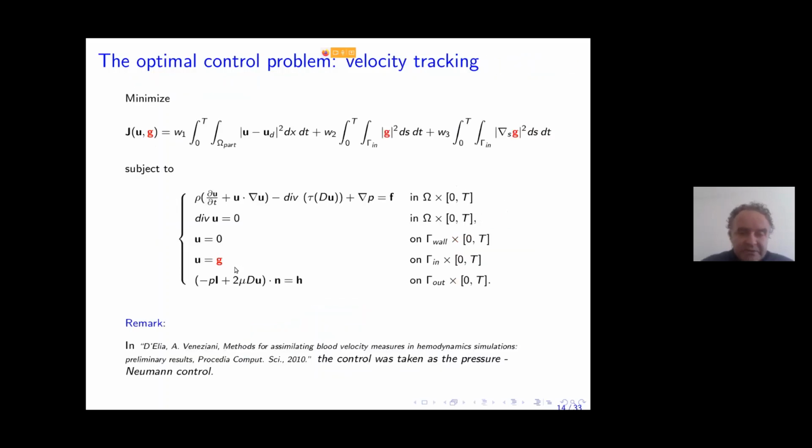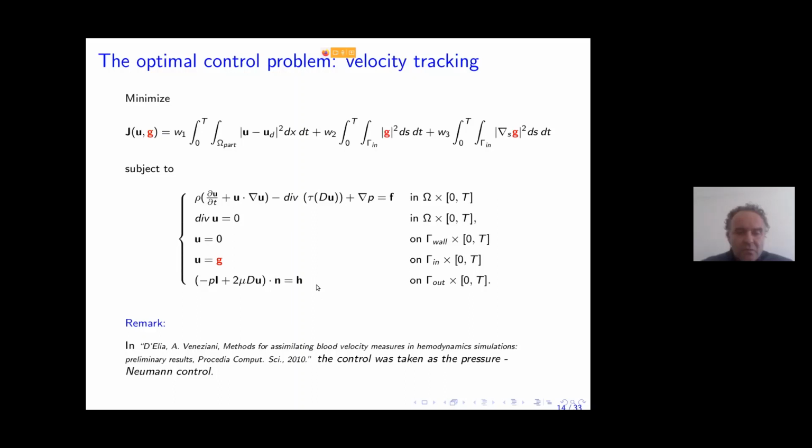There are different ways of thinking about this. One is the control approach, which is the one that I'm interested in, by education. So what are we doing when we talk about the control approach? We have our system. Let's assume that we are neglecting the artery wall displacement right now, just fluid. So we have the fluid equations here. On our boundary representing the artery wall, the fluid does not move, it's just attached to it.